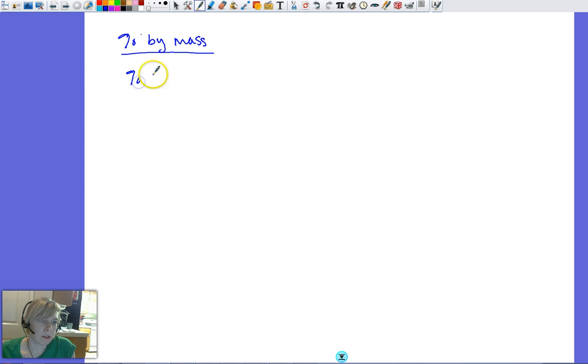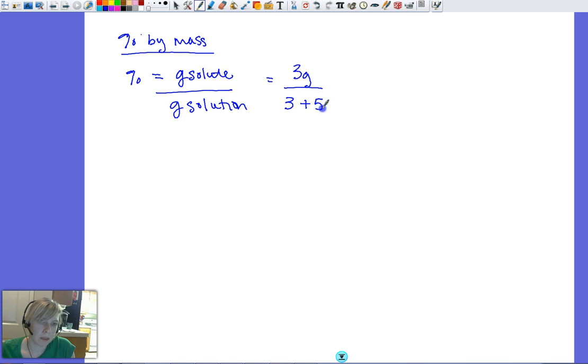So our equation is percent equals grams of the solute divided by grams of the solution. So that would give us 3 grams divided by 3 plus 50. So 3 divided by 53.